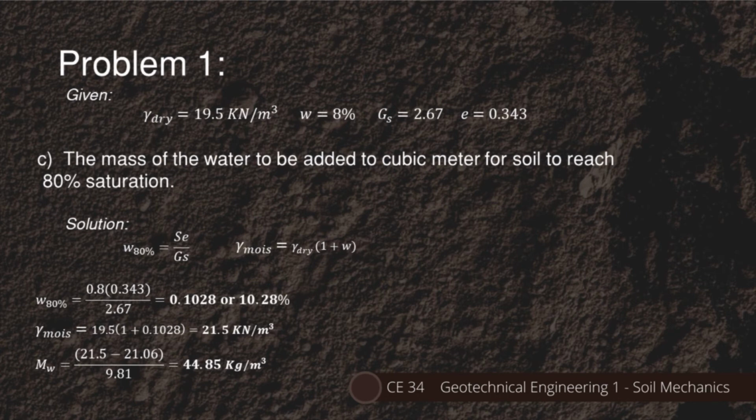Now we will solve for the mass of the water to be added, which is our calculated moisture unit weight 21.5, minus the previous calculated moisture unit weight with a water content of 8%, which is 21.06, divided by 9.81, which will now be equal to 44.85 kilograms per cubic meter.